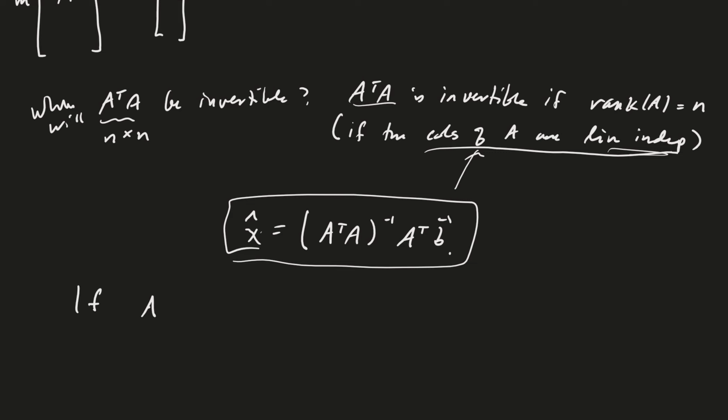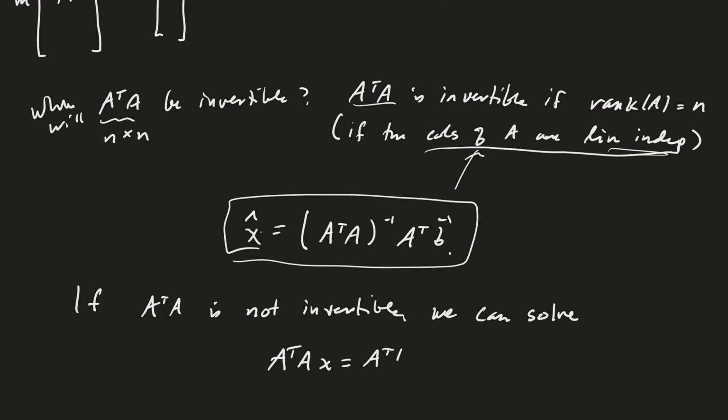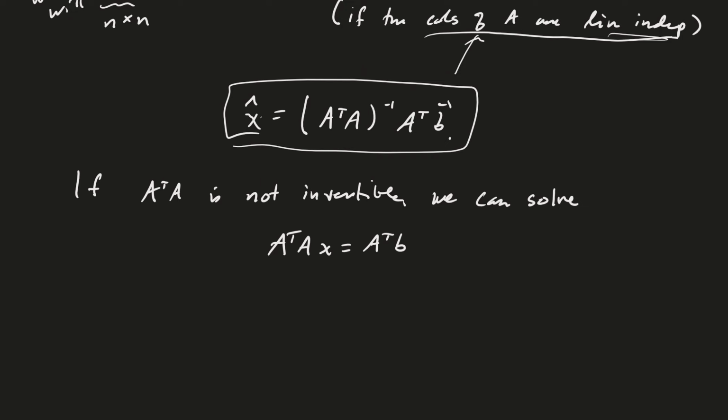So if A transpose A is not invertible, we can solve the equation A transpose A times x equals A transpose b using row reduction, just like we started the class with. Good. So in both cases, then we are able to solve for x hat, which is called the least squares solution to Ax equals b.